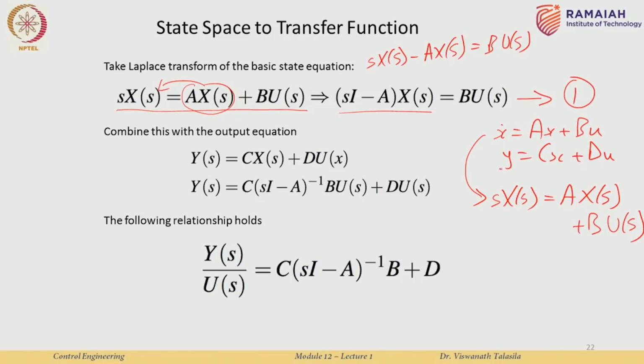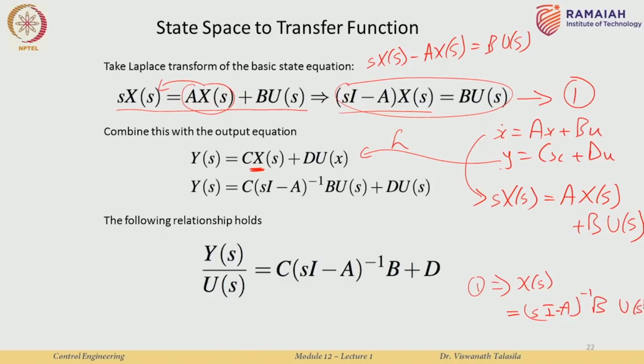Now, we have a second equation, y equal to Cx plus Du. Write this in the Laplace domain. This is the Laplace equivalent of y equal to Cx plus Du. Now, what we are going to do is to take this X(s), which we have computed over here, X(s) equal to (sI minus A) inverse B times U. So, from equation 1, X(s) is nothing but (sI minus A) inverse B U(s).